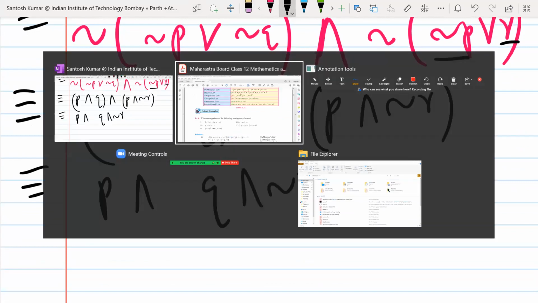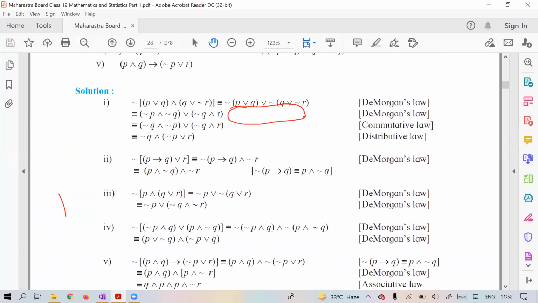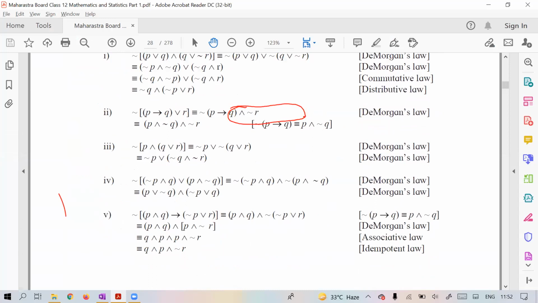So let's check the fifth part. Look there: P and Q, and Q and P and negation R. They might have used some other way, I think. Whatever way they use, it depends on you how to solve.